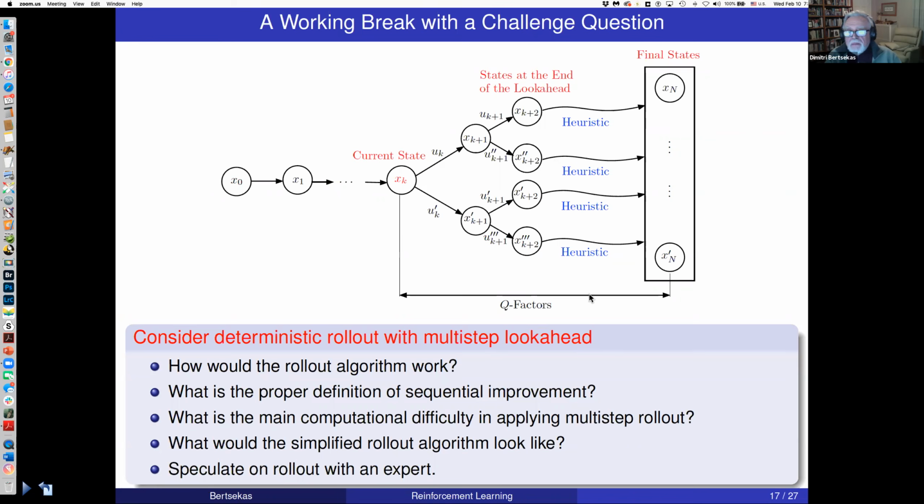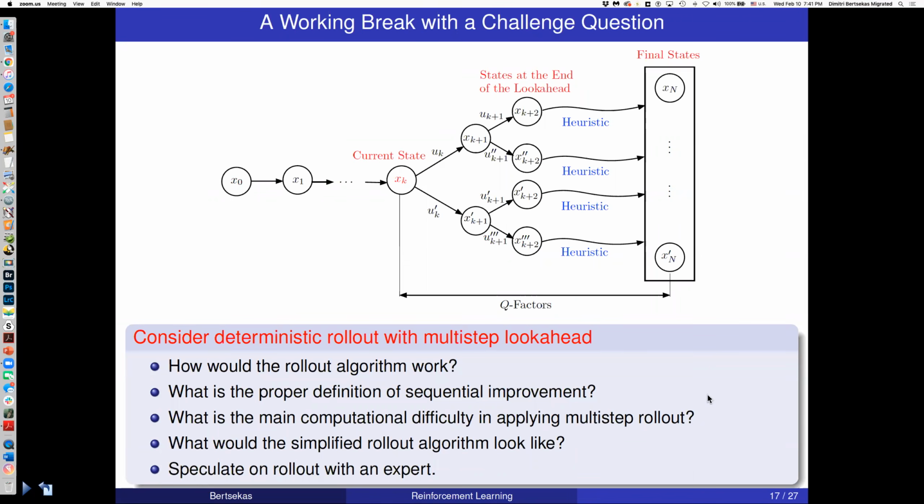Each leaf corresponds to a sequence. There may be some duplications, since you may get to a particular state in a number of ways, but the main thing is that you need to consider all sequences of controls, and then from wherever that takes you, run the heuristic. So there are a lot more runs of the heuristic, right? Right, but you'd expect that. That's the price, the main computational difficulty in applying multi-step rollout. You have to do it many more times.